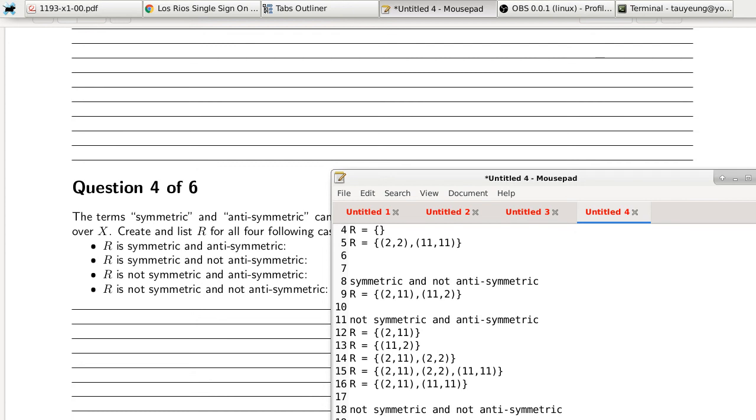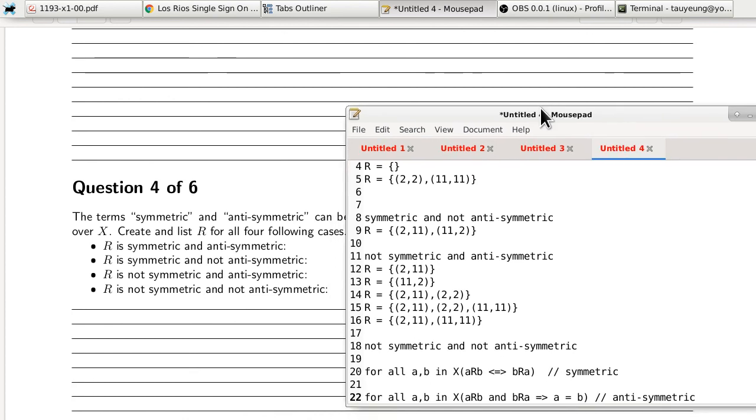And then for anti-symmetric, it says for all A, B in X, ARB and BRA implies A equals B. This is for anti-symmetric. Oh, sorry about that. I keep typing where you cannot see. That can be very annoying.